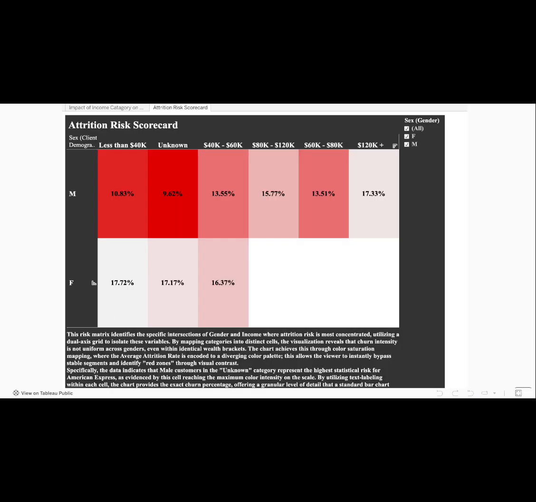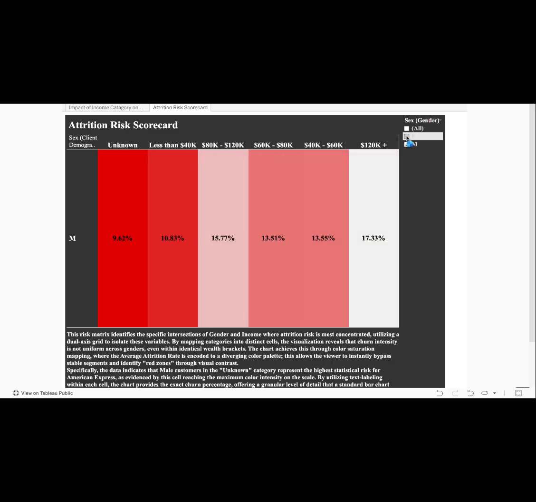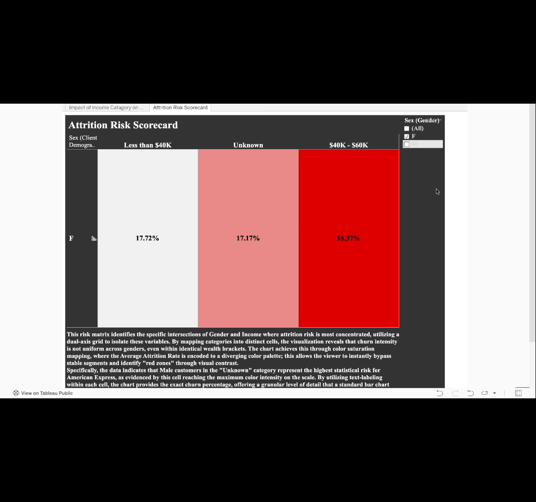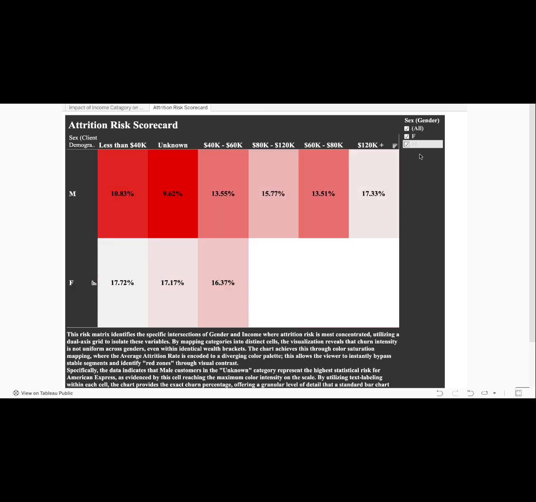Now, looking at the heat map that we made through Tableau, what stood out the most was how concentrated attrition risk became within certain customer groups rather than being evenly distributed across all customers. The heat map compares gender and income category to show where attrition risk is the highest.